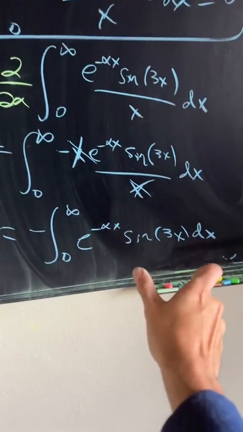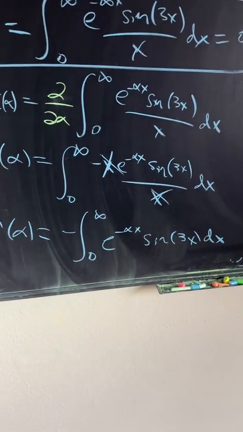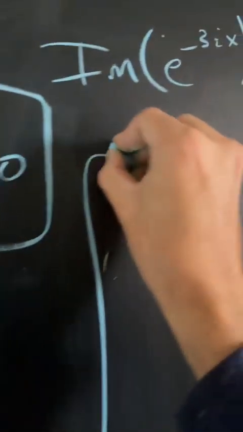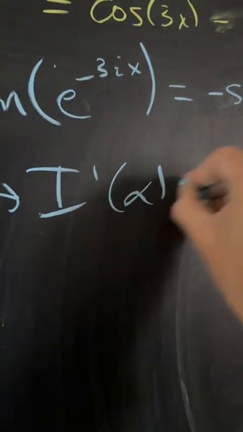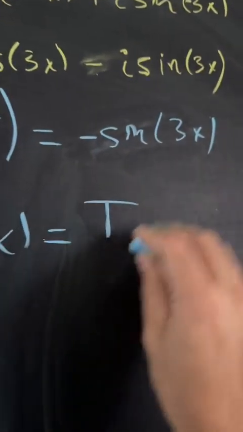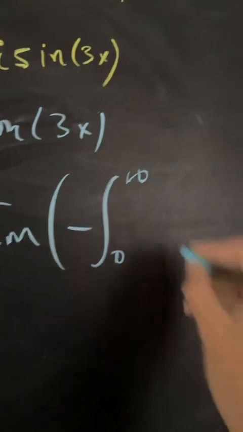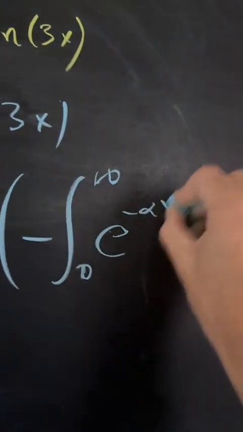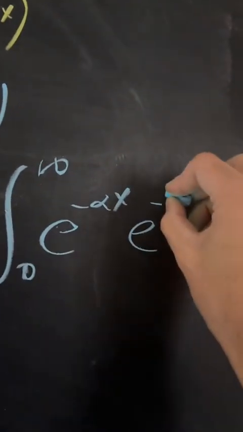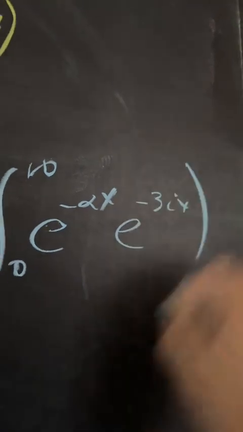So that's exactly what we're gonna do in here. We're gonna go ahead and introduce this, and remember, we only want the imaginary part. So what we have is I prime of alpha is equal to the imaginary portion of negative the integral from 0 to infinity of e to the negative alpha x, and then we have e to the negative 3ix.